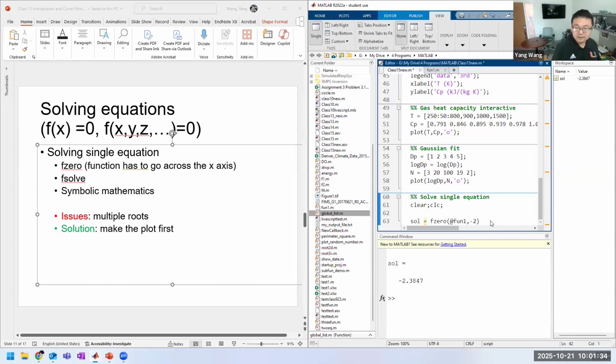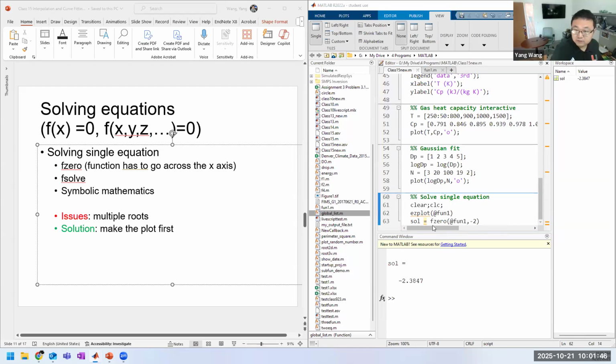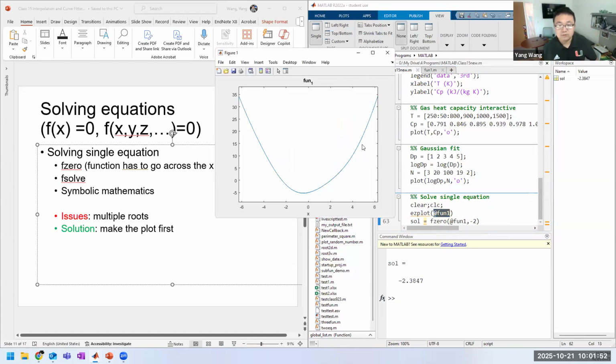So then how do we know that, right? We could use ezplot, which is function 1. It's called the function, right? ezplot x is function handle, and then this is the function, function 1, and this is how it looks like.